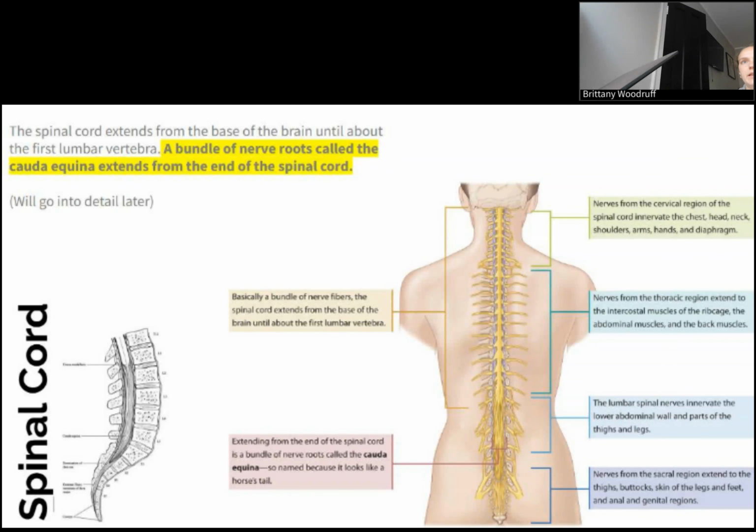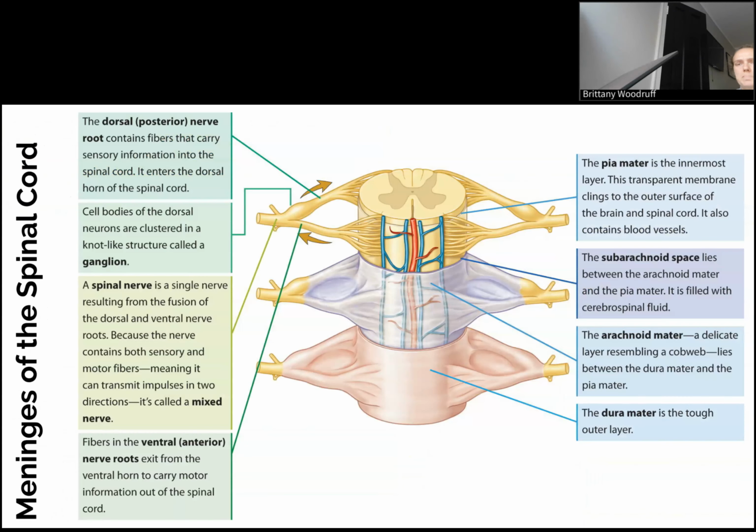In veterinary practice, they use the terms rostral and caudal, rostral meaning nose, caudal meaning tail. So cauda means tail, equina, equine, horse's tail. It's just a loose gathering at the base of the spinal cord. The rest of this is on another slide coming up.